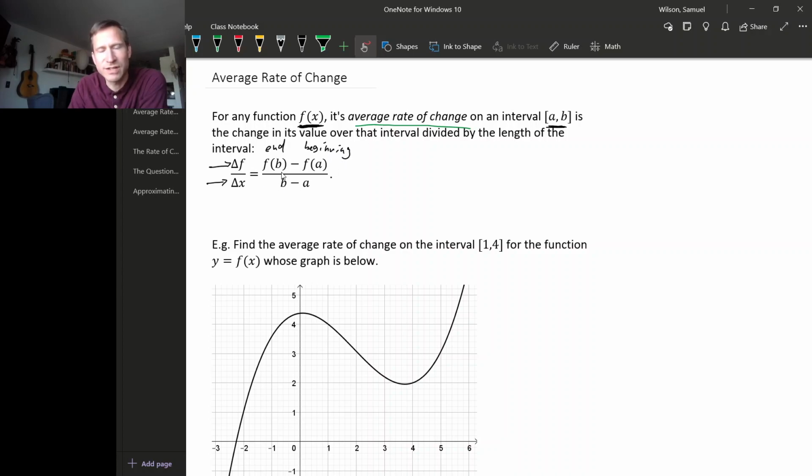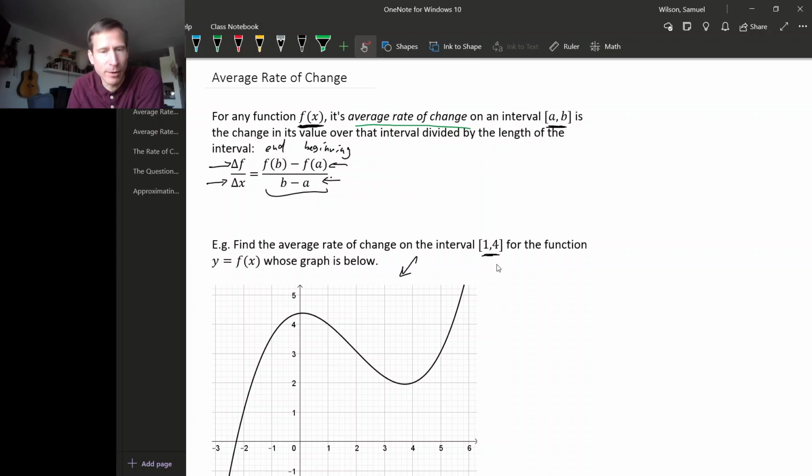Okay, so we'll just divide the change in the values of f by the change in the input values that we're using. No doubt you've seen this formula before. Average rate of change is such a common thing to need to calculate that you've probably seen this formula for years.